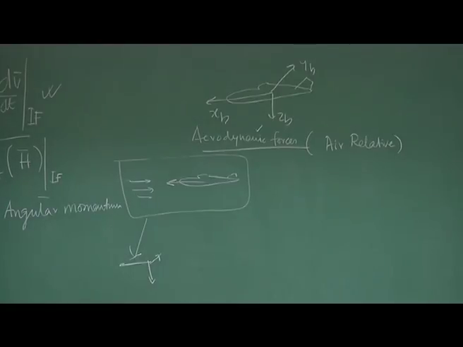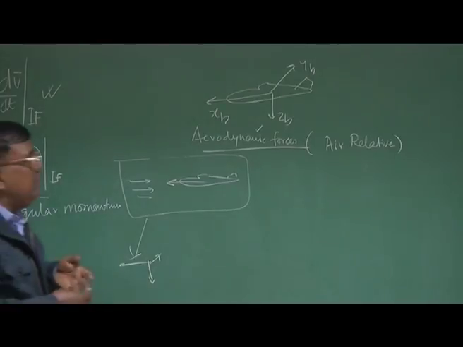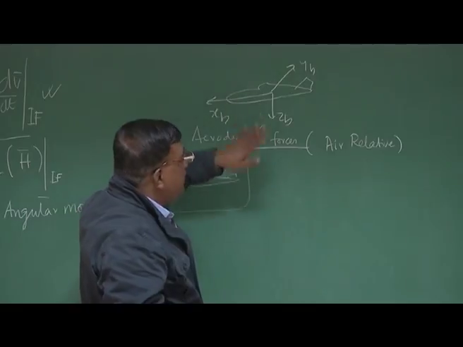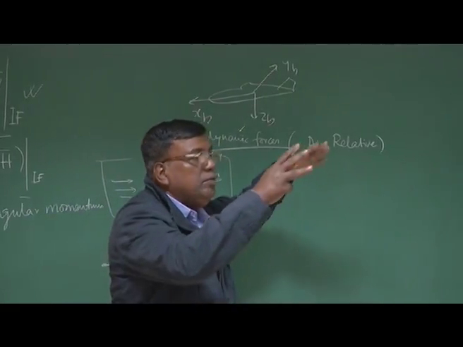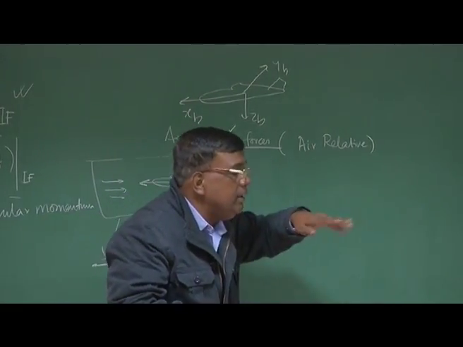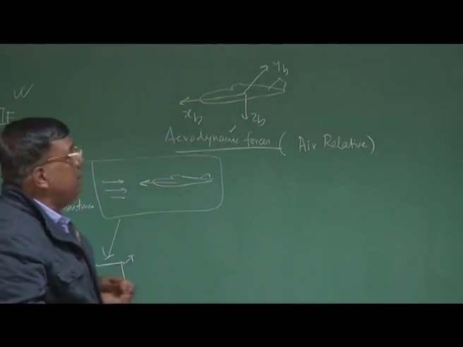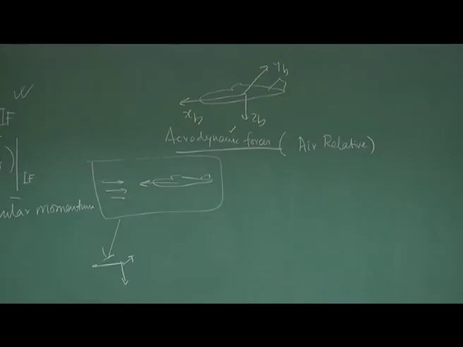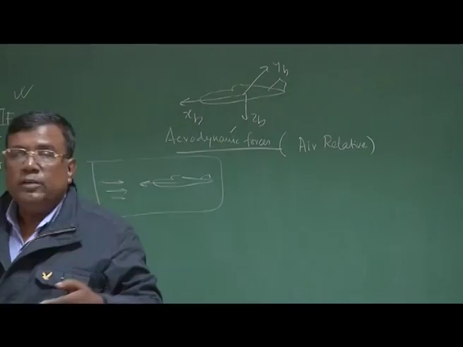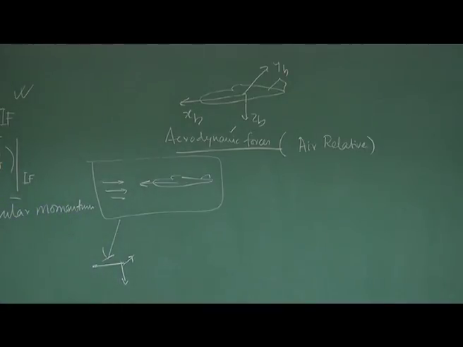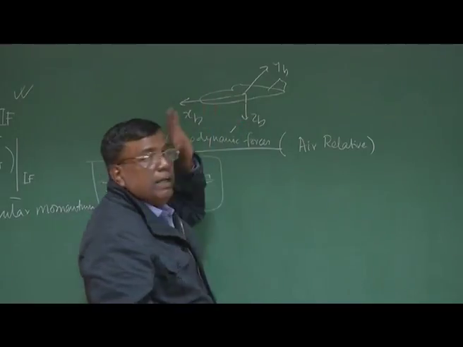All that matters is the relative airspeed. That means if the body is moving like this and the atmosphere is stationary, the relative air will come this way, that way, depending upon the orientation. So it's the air relative speed with respect to the body, and body means the xb, yb, zb axis.